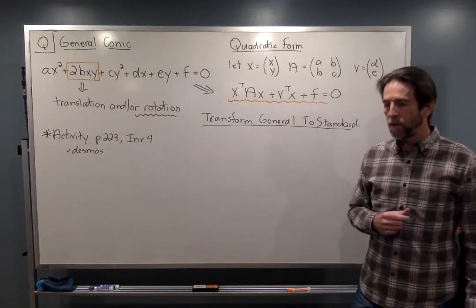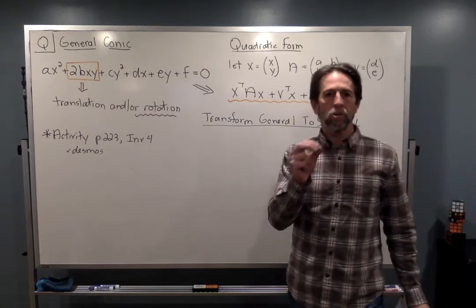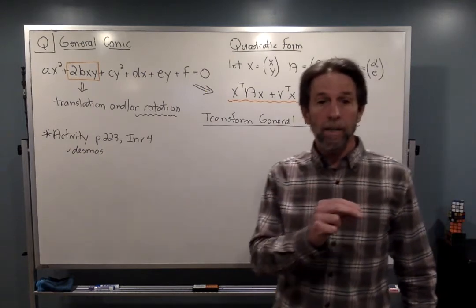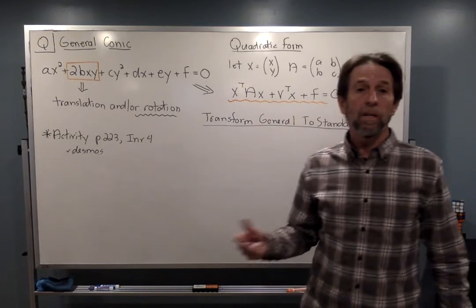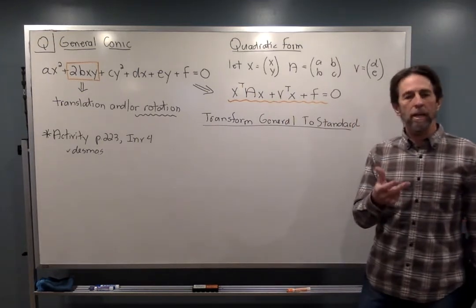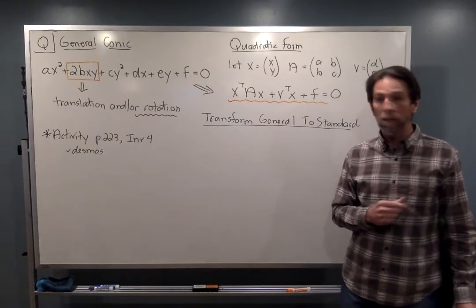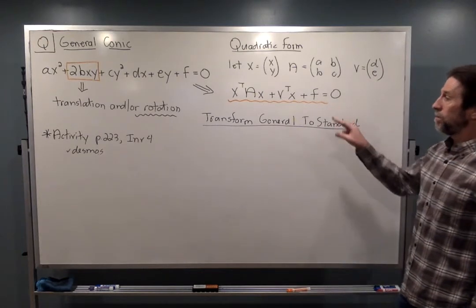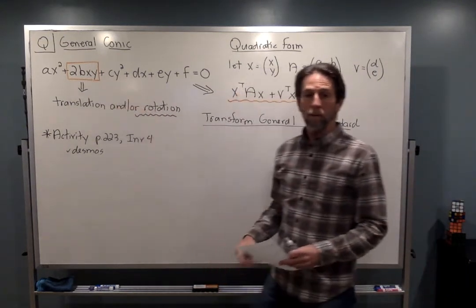If we know it's an ellipse, it might be like x minus 2 squared over 9 plus y minus 3 squared over 16 equals 1. That would be considered a standard form, because it's very easily identified and we know all of its characteristics very quickly. So we somehow want to take this and put it in that form. And again, because of this xy term, we have a little bit of an issue.